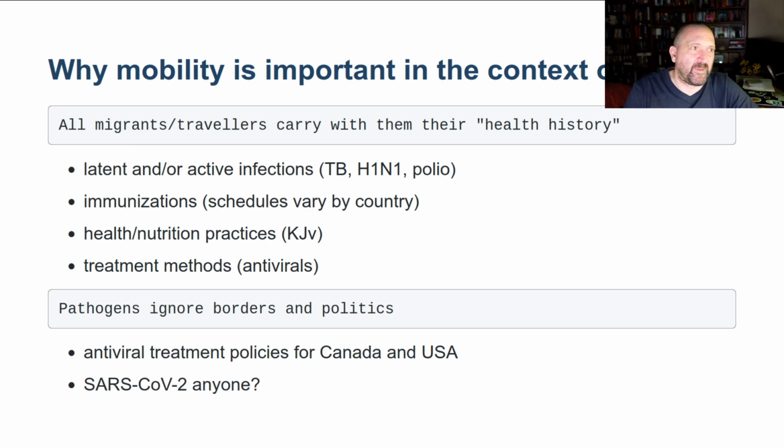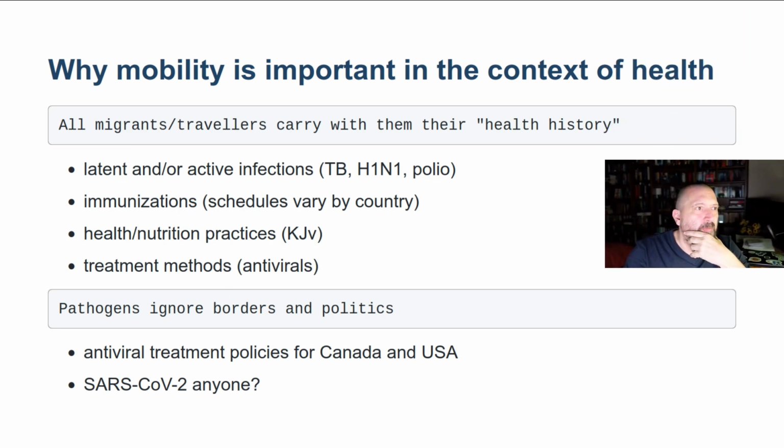People that have latent TB, for instance, will move to another country, and TB remains latent for many years, but sometime in the future, the TB may reactivate and they will become infectious to others.